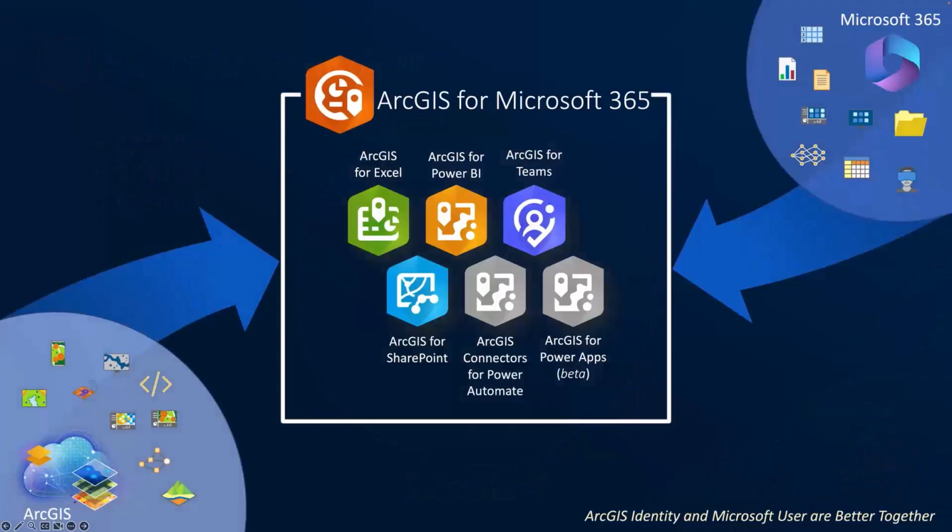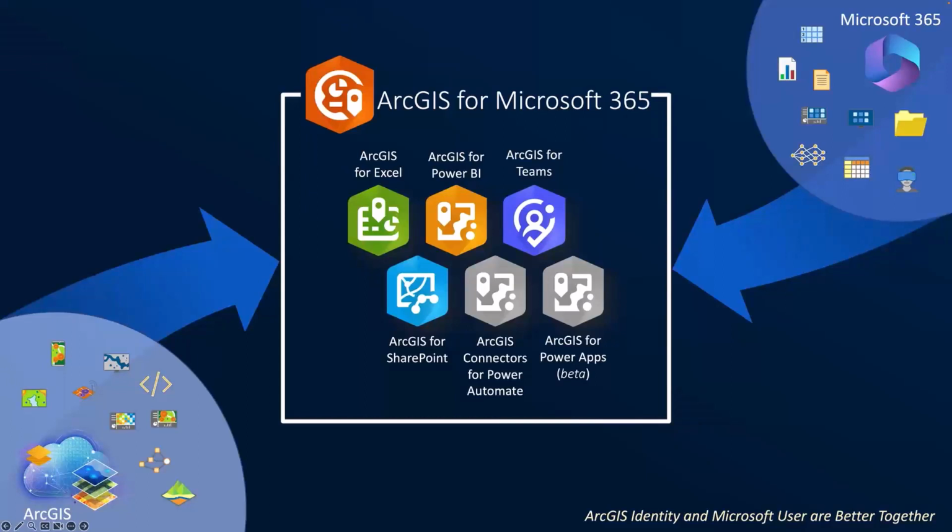And that brought us to building the ArcGIS for Microsoft 365 product family. ArcGIS for Microsoft 365 integrates with Microsoft's intelligence services and productivity suite, allowing users to interact and build spatial data to better understand patterns, relationships, and trends with the apps they already know, trust, and can use.